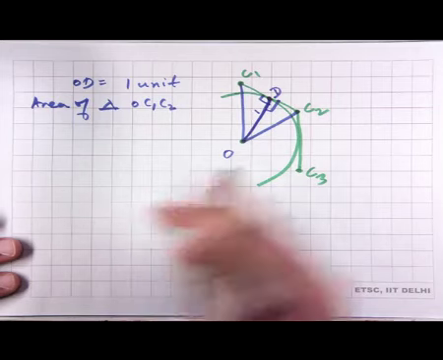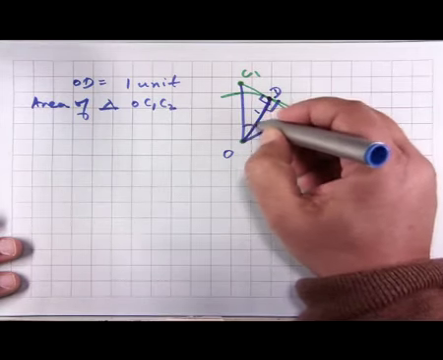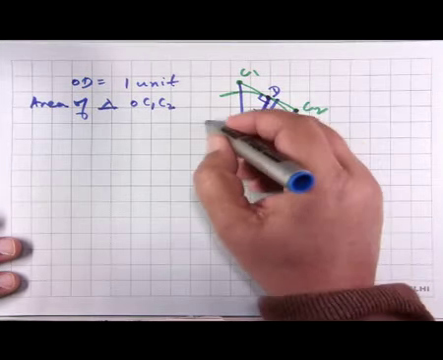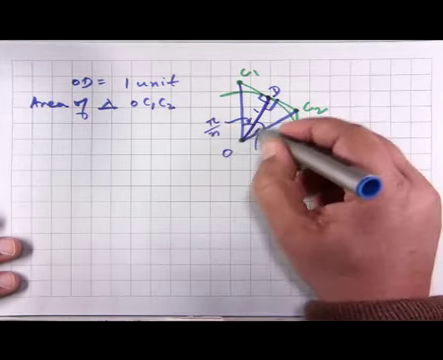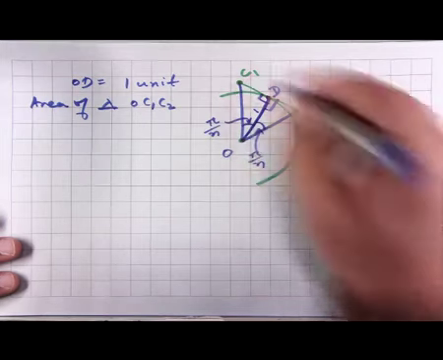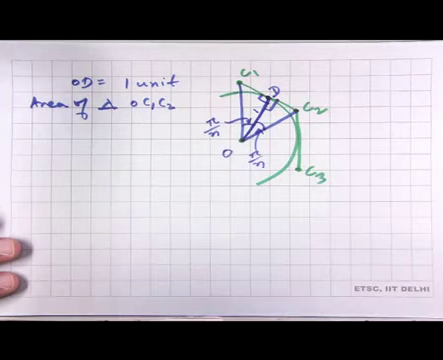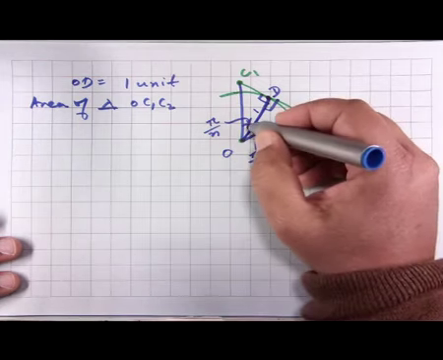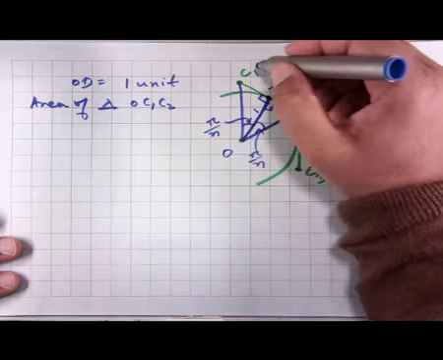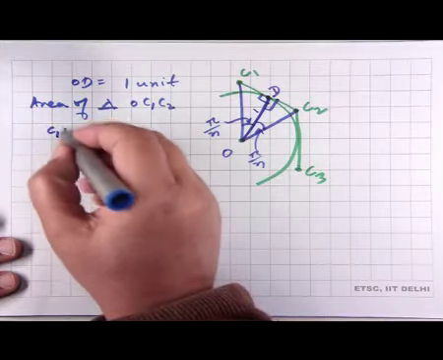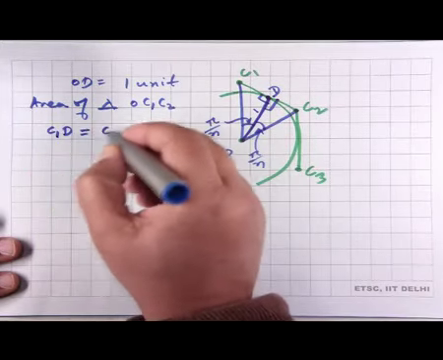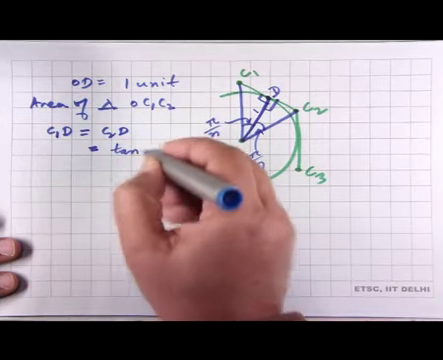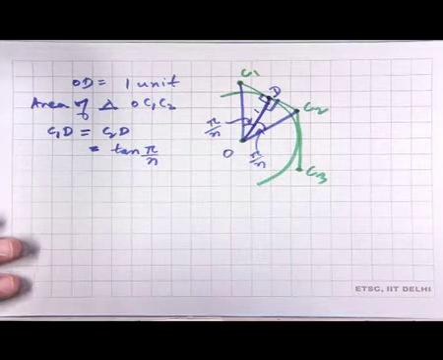In a very similar manner, it follows that both these angles will be equal to pi by n, because we again have an n-sided regular polygon, and because this is pi by n, this length C1D, which is also equal to C2D, will be equal to tangent of pi by n, right.